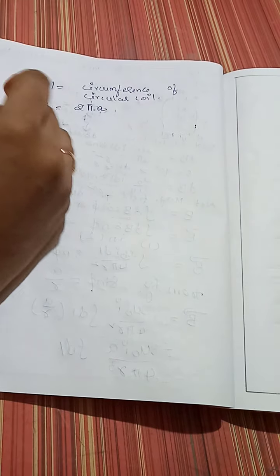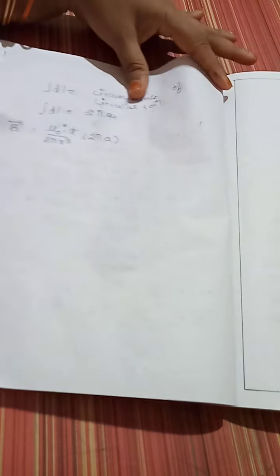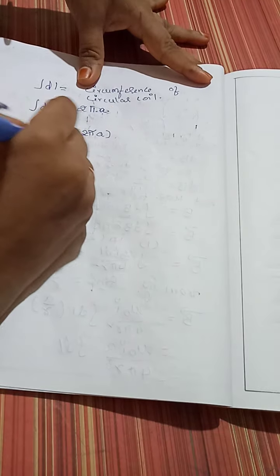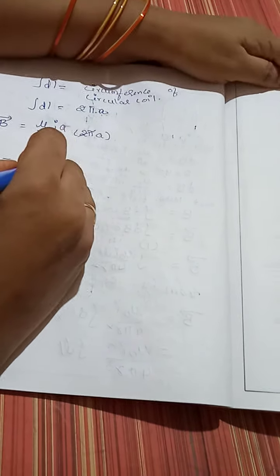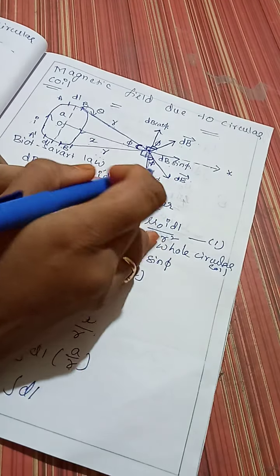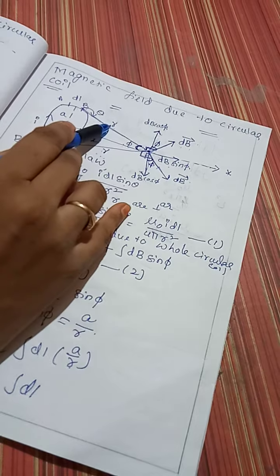Substituting this value, we get B equals mu naught I a by 4 pi r cube into 2 pi a. So 2 remains: mu naught I a square by 2 r cube. Now let us take a look at the diagram. We want the value of r square.